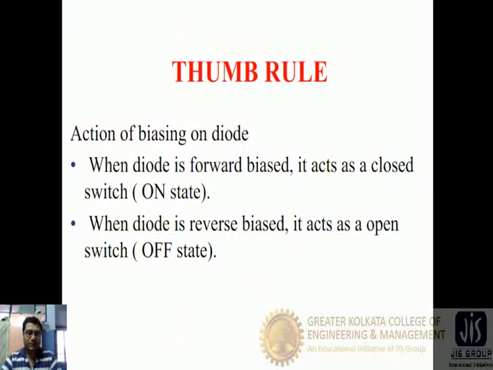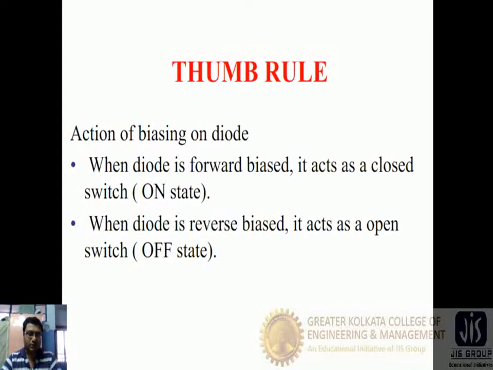The thumb rule of the clipper circuit is a very important thing which we have to keep in mind for any clipper circuit, and we have to understand the working principle of the clipper circuit. This thumb rule has to be kept in mind, according to the action of biasing on the diode: when the diode is in forward bias, it acts as a closed switch or on state, or we can say the diode is in short circuit.